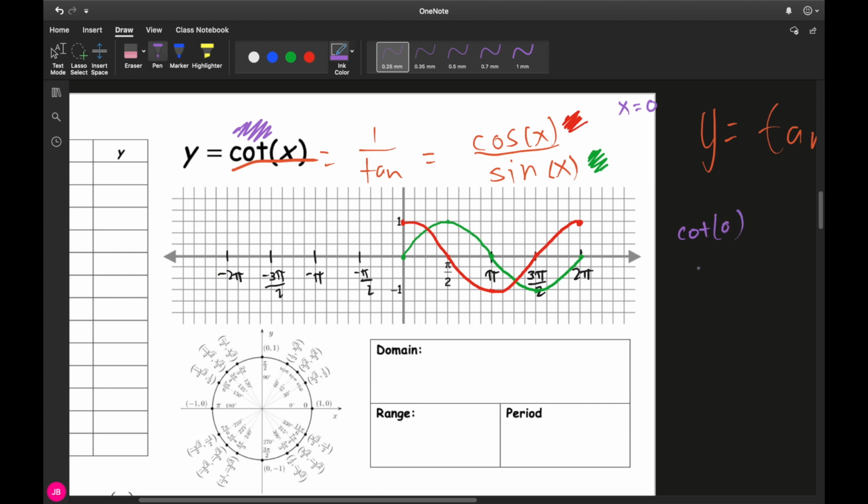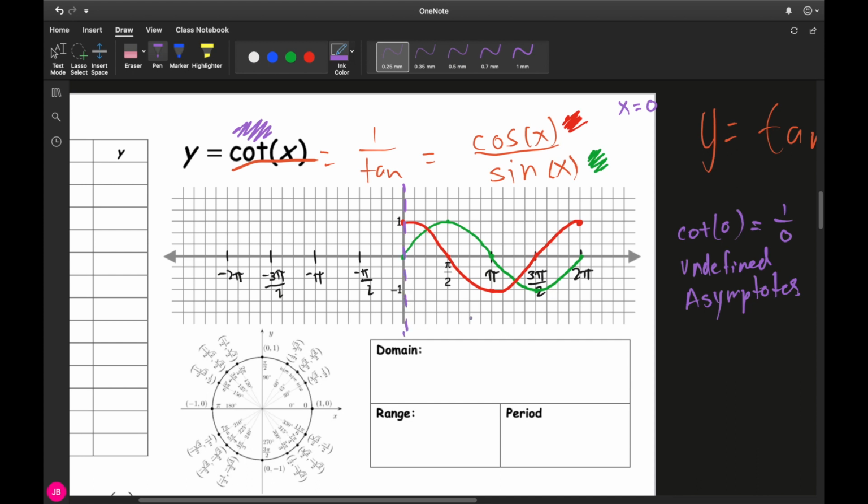The cotangent of 0 is the cosine of 0 over the sine of 0, and the cosine of 0 is 1, and the sine of 0 is 0. So we have a fraction in which we're dividing by 0, and since we can never divide by 0, we're going to have an undefined value. An undefined value in these graphs shows up as an asymptote. So here we have an asymptote.